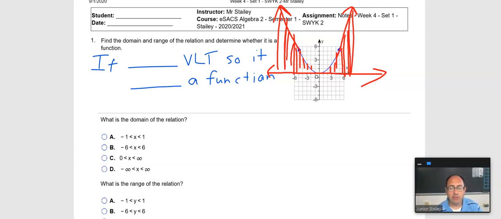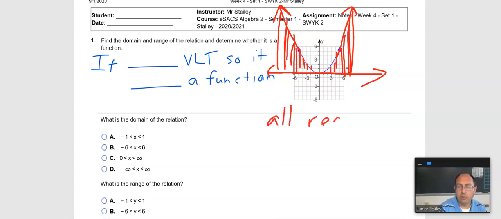If you want to know about the domain, we've got billions of trillions of points here. We don't have just 5 coordinates where we can pick different x's. So we want to push them all down onto the x-axis and say, how much of that x-axis is getting covered? Well, in this case, it covers everything. So which one of those says all real numbers?